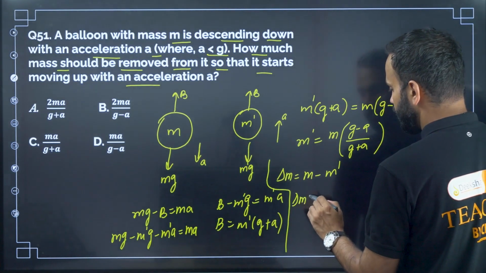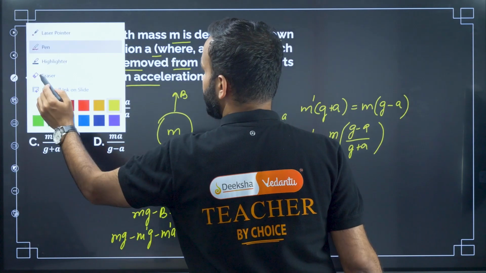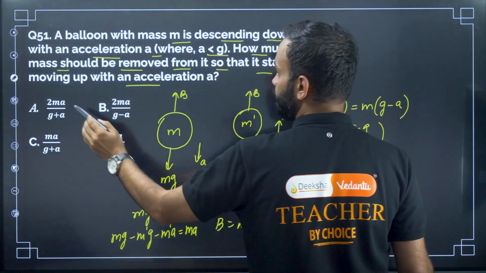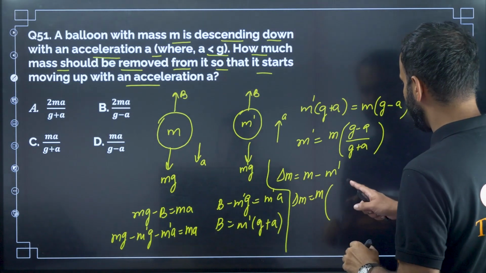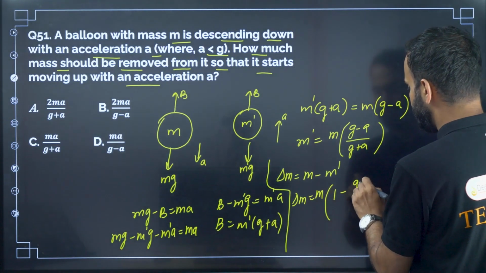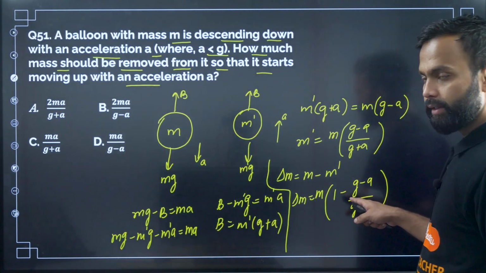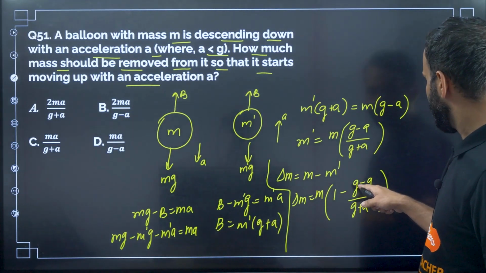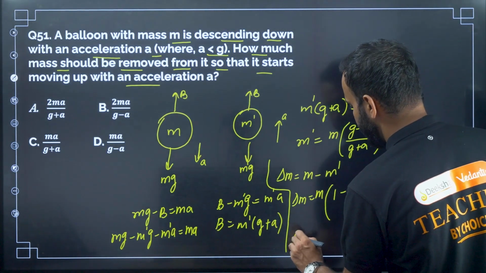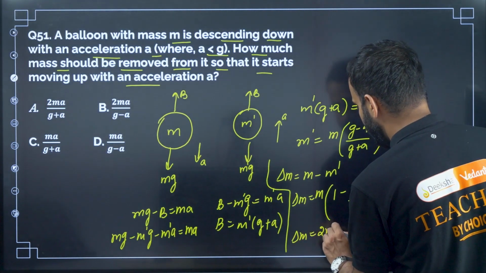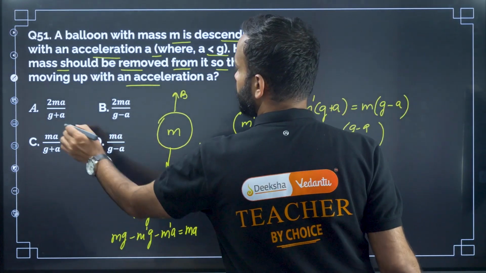Take m as common: 1 minus g minus a divided by g plus a, so g plus a minus g plus a, which will be 2ma divided by g plus a. Delta m equals 2ma divided by g plus a. So the correct option is A.